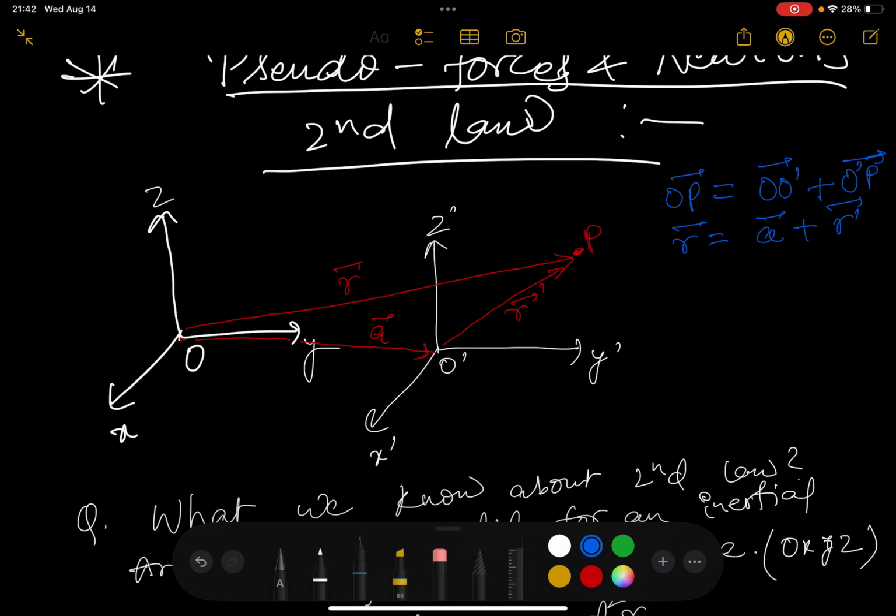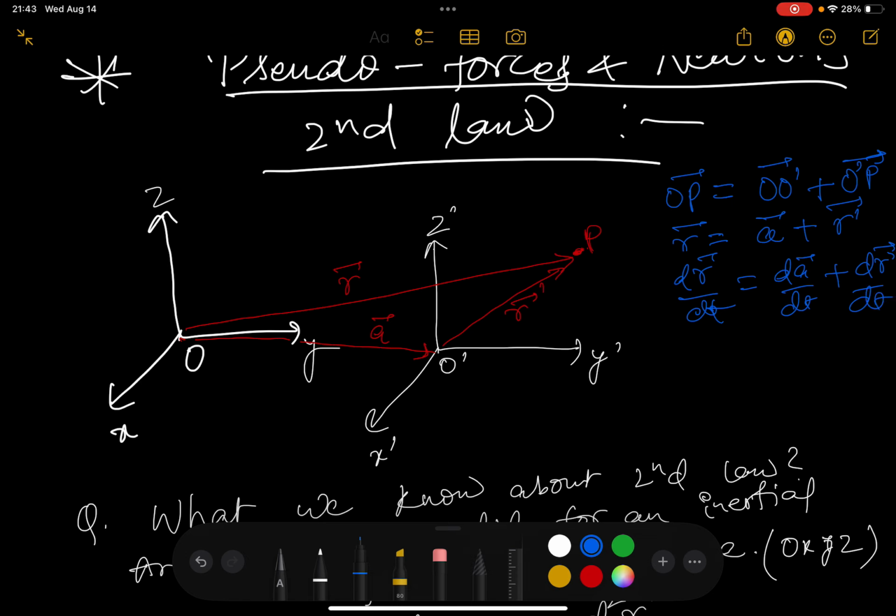Now we will take a derivative, let's say a single derivative only the first time. So dr by dt equals dA by dt plus dr dash by dt.